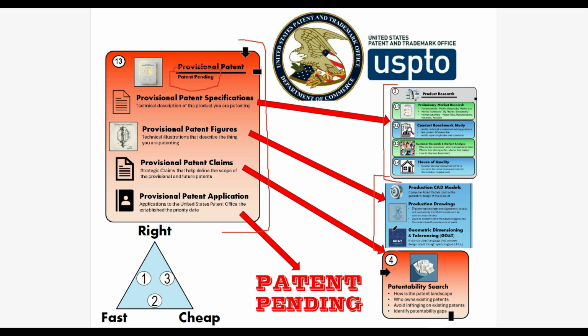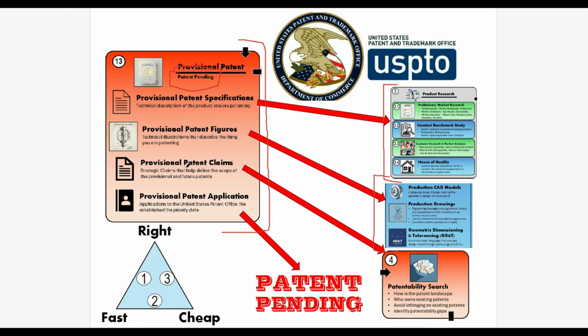So our engineering drawings oftentimes serve as both the engineering drawings and also serve as provisional patent figures. Now there's a decent amount of work to renumber them and edit them to meet the USPTO requirements, but nevertheless, half of the work is already done.